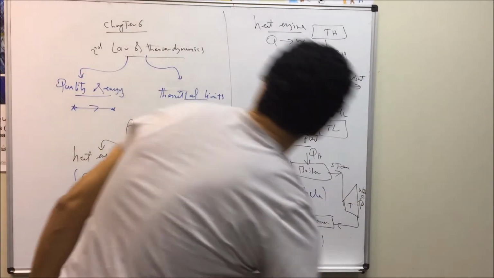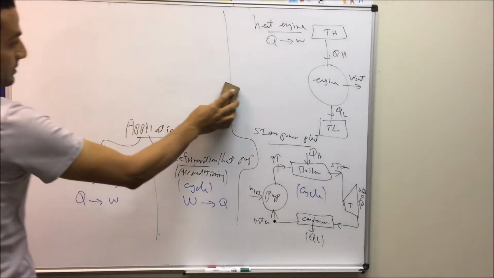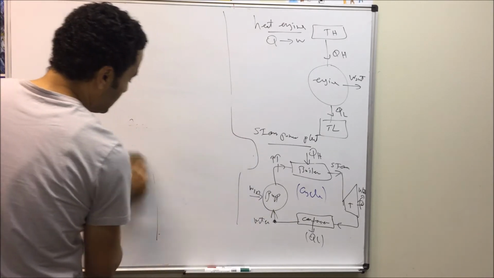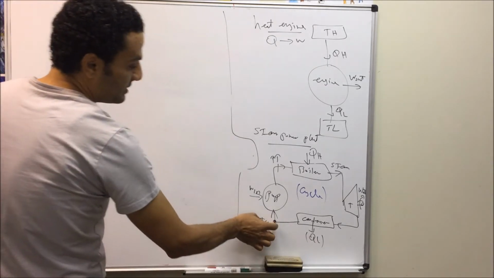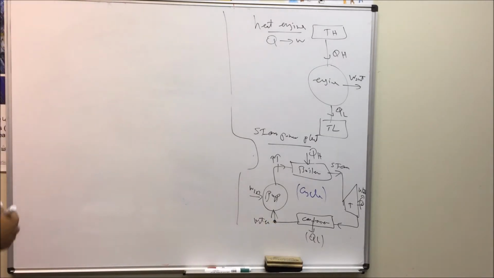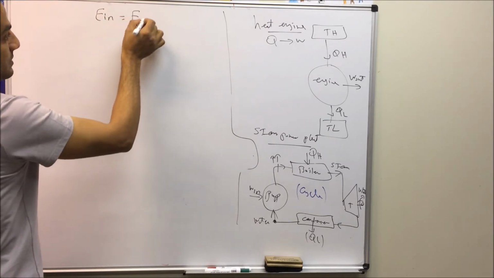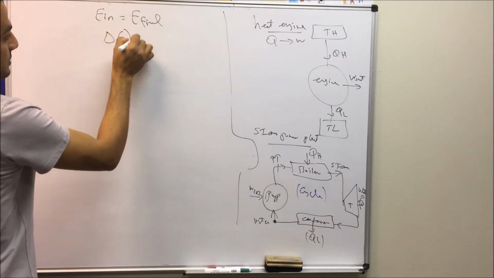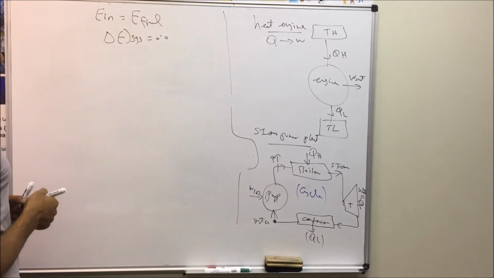So the initial state is the same as the final state. This means the initial energy is the same as the final energy, so the change of energy through this cycle should equal 0.